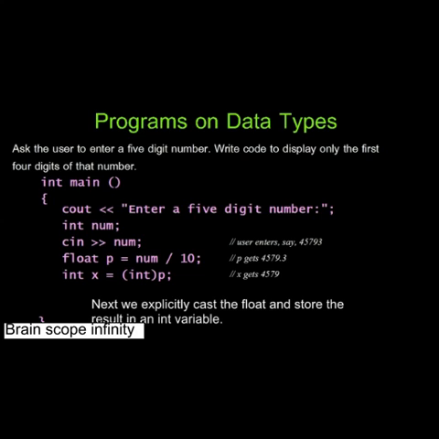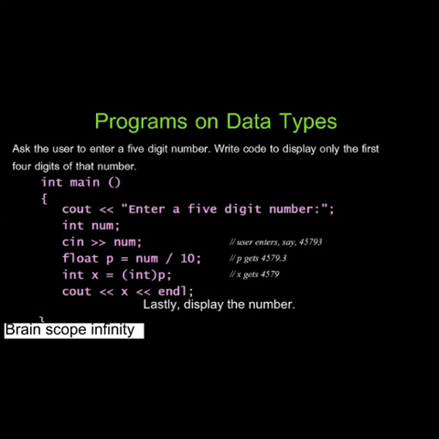Next we explicitly cast the float and store the result in an int variable. This casting will help us remove the fractional part. In this way we'll be left with the first 4 digits of the entered number. Lastly, display the number.